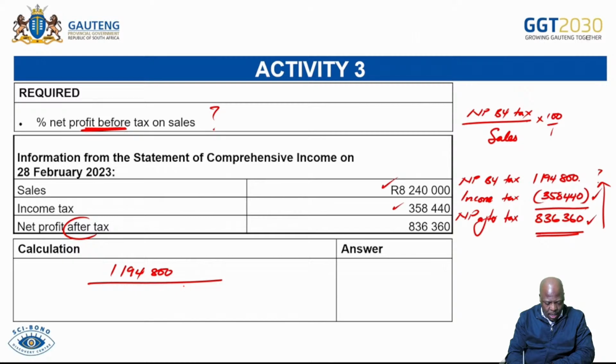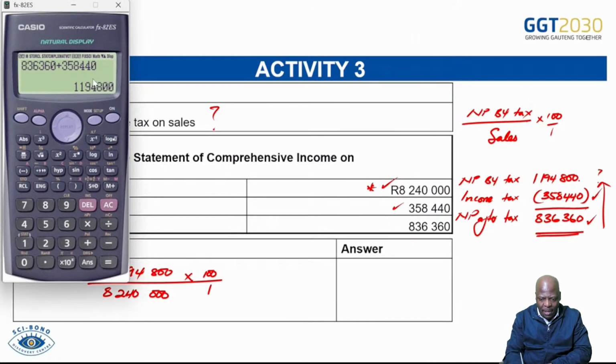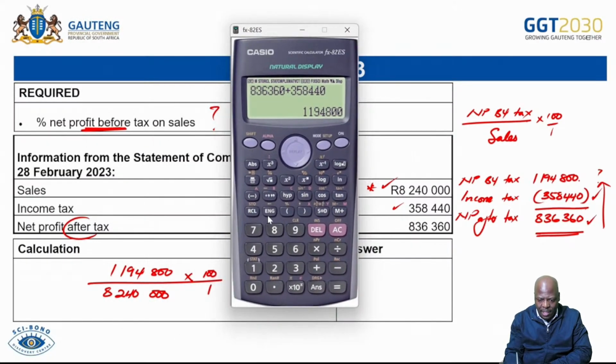And then I divide that now. That is my net profit before tax. I divide that now by my sales, which is given here, which is my 8,240,000. I multiply all of this by 100 over 1. So I'm going to come here. Let's bring the adding machine somewhere to the center. Let's clear the calculator so that we see nicely. We're going to say 1,194,800.